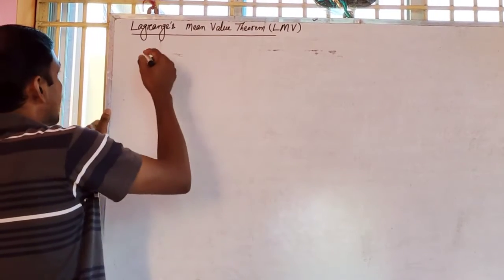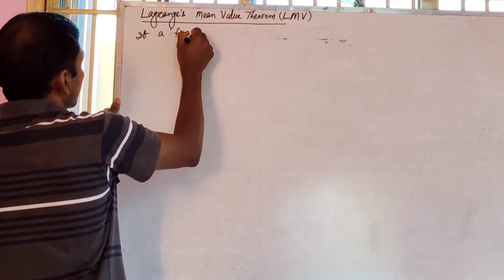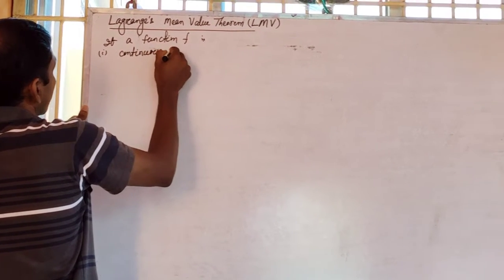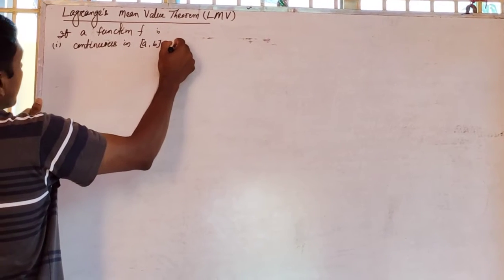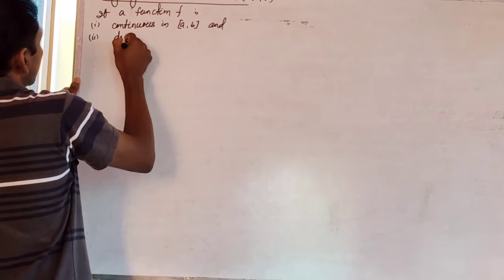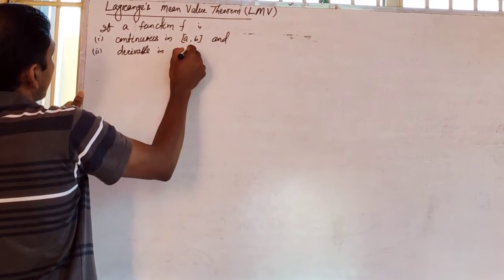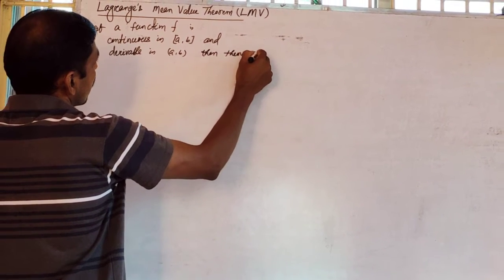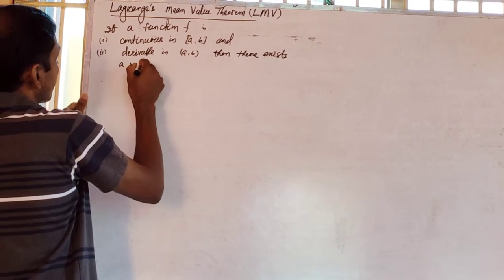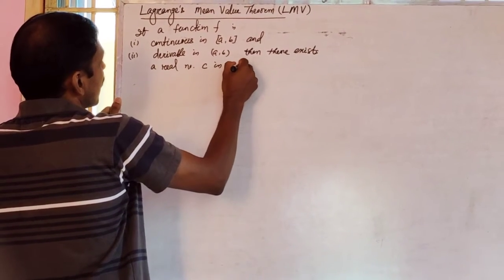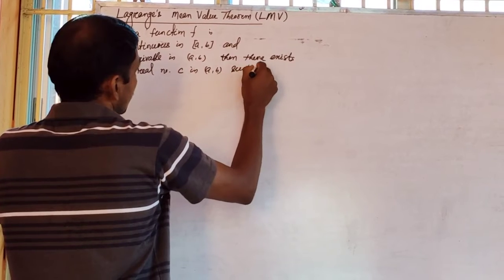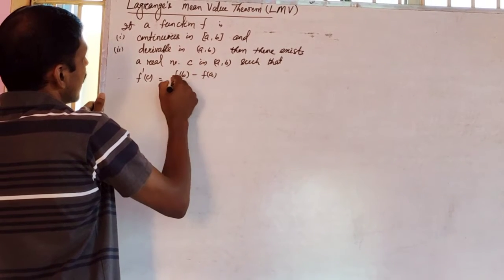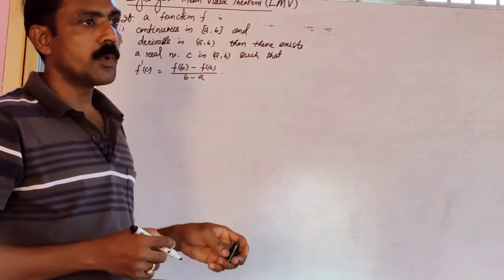Now its statement is: if a function f is continuous in the closed interval [a, b], and derivable in the open interval (a, b), then there exists a real number c in the open interval (a, b) so that f dash of c equals f of b minus f of a by b minus a.